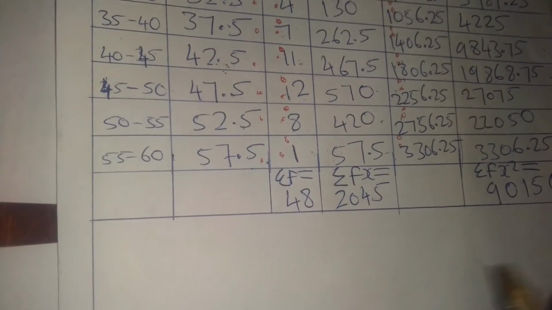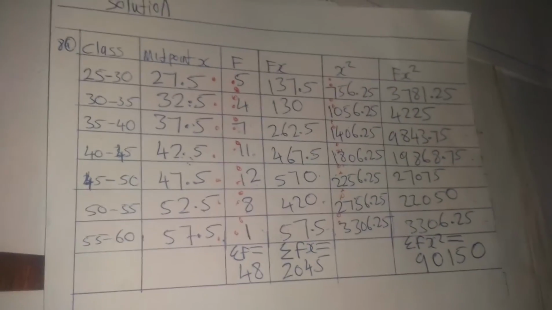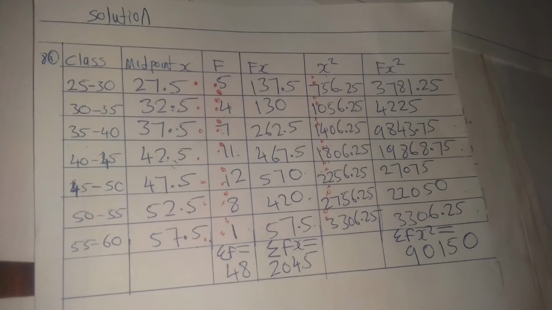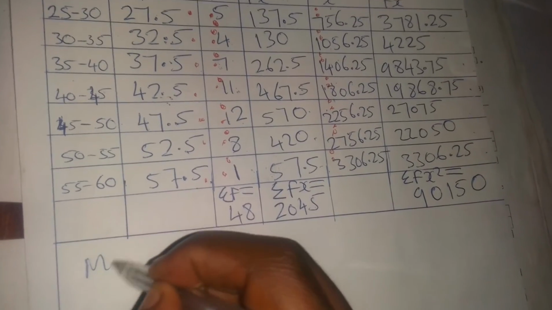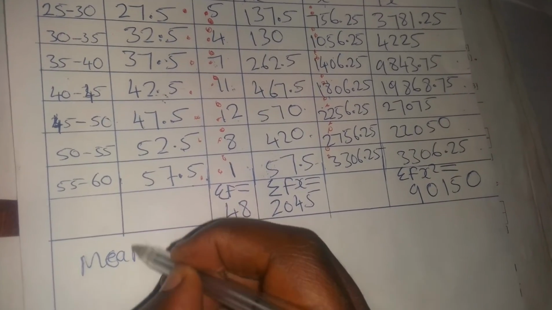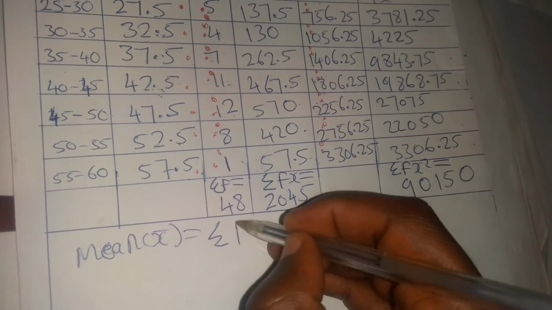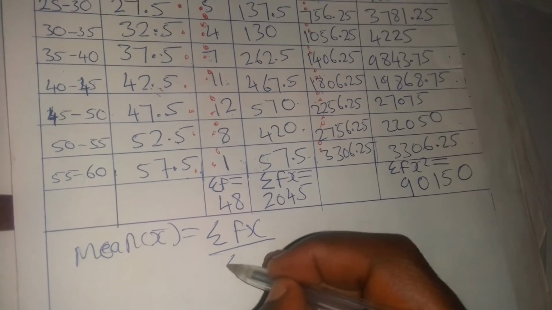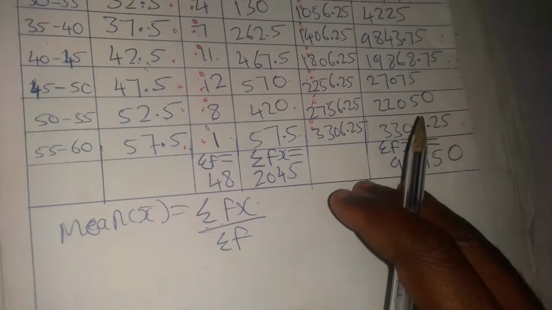Now remember the question says calculate the standard deviation. To find the standard deviation, the first thing you have to find is the mean. You say mean x bar is equal to summation of f x over summation of frequency.